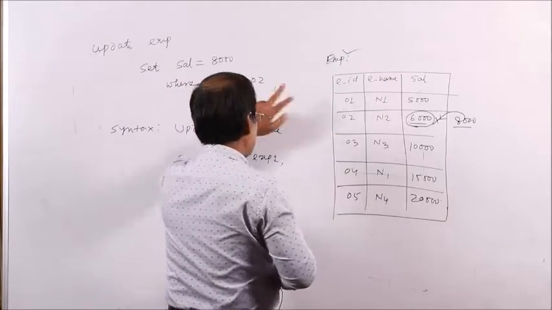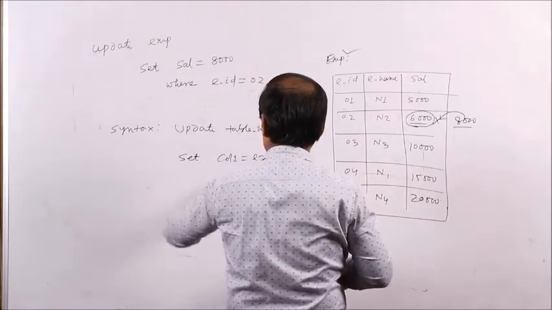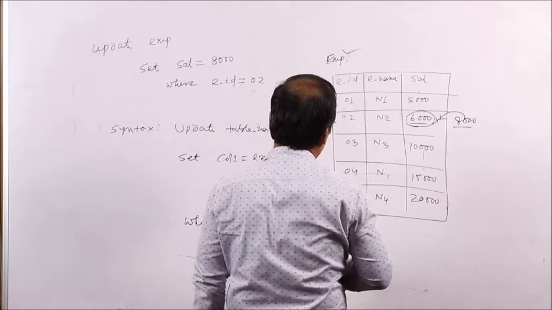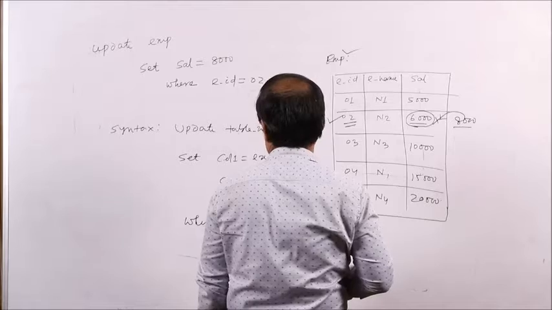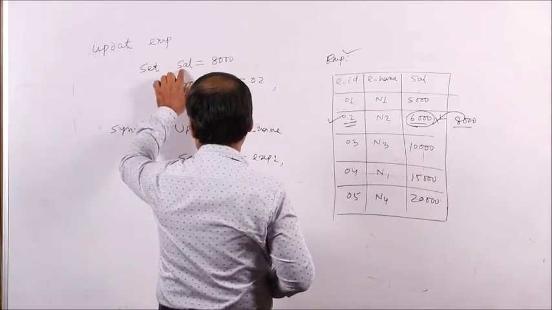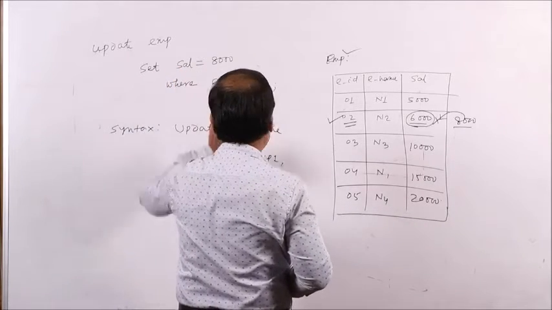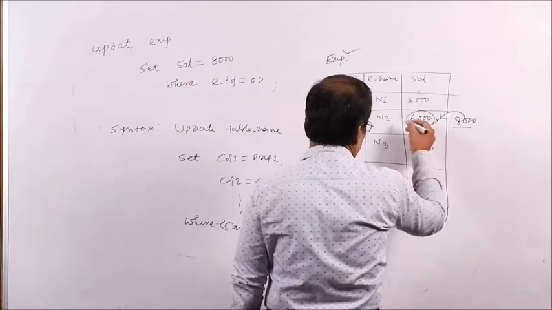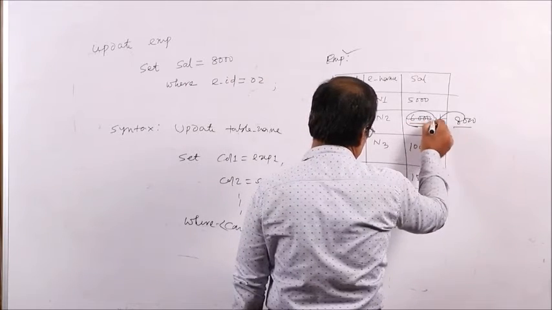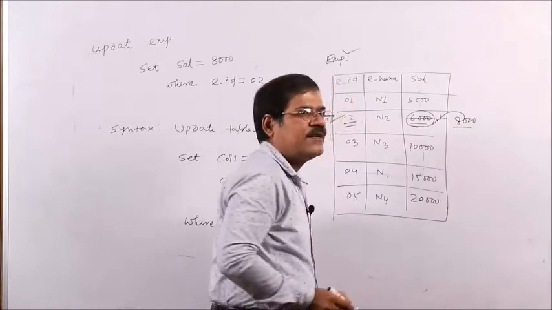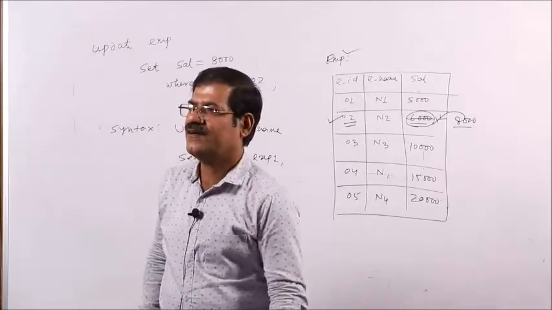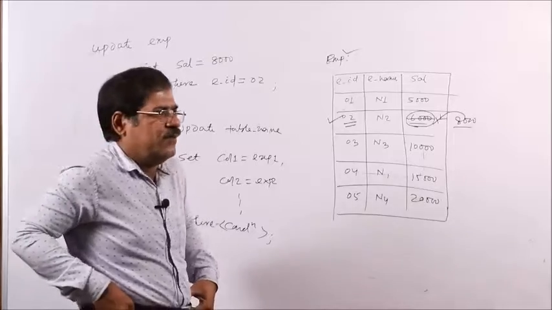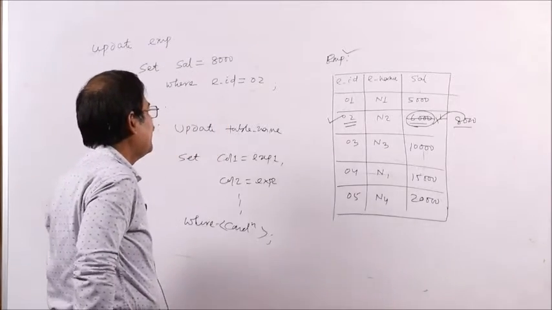You update this table where employee ID is 02. Employee ID 02 is this one, and its salary will be set. What do you set? 8,000. So, that previous value, let it be 6,000, will be changed to the update value, 8,000. That means the old value will be removed and the new value will be assigned.